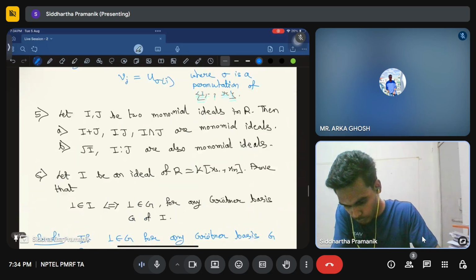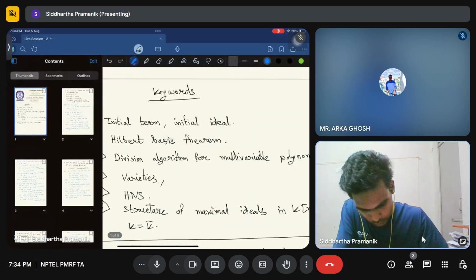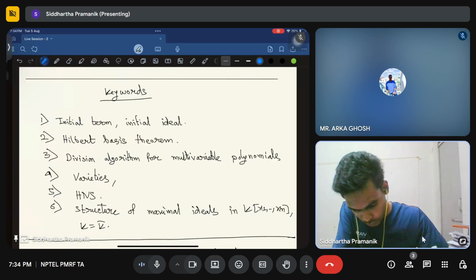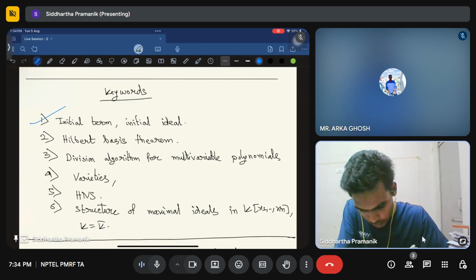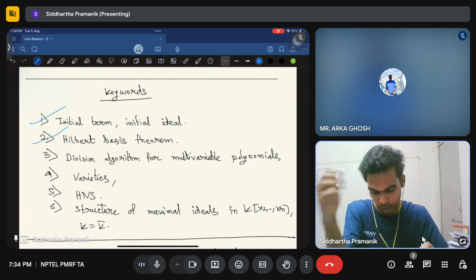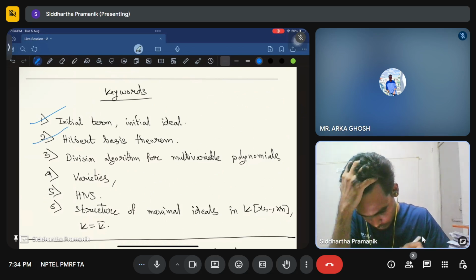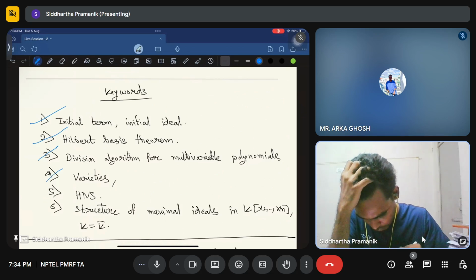So far what we have done: initial term, initial ideal, Hilbert basis theorem, which we talked about in the previous week, I think. Division algorithm I have not talked much about, but it's okay. Varieties I have used.